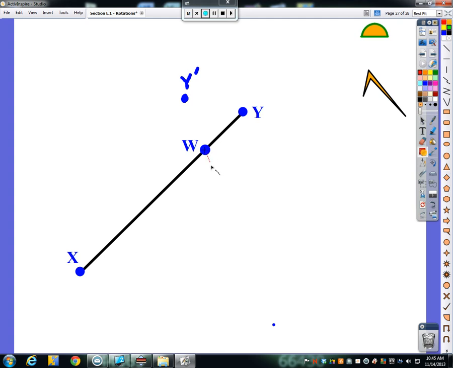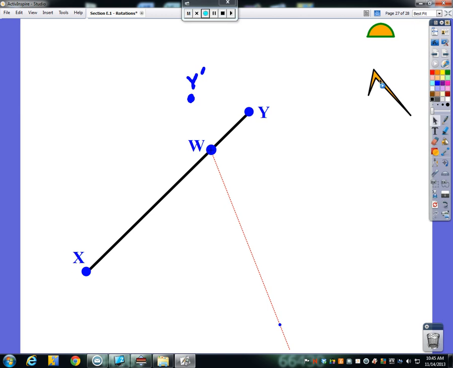Now, from center of rotation out to that point, we're just creating the ray that we know X prime needs to be located on. Let me redo that. There we go. That's better. Now we just need to take our compass, pointy end on the center of rotation, once again, on W. We need to come over here and set our compass.